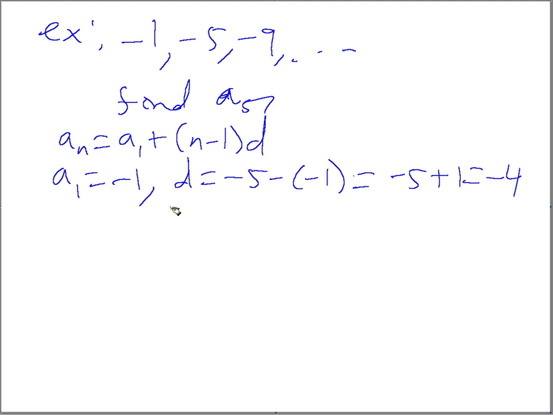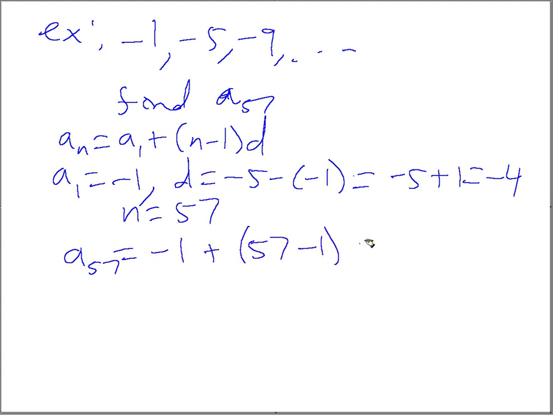All right. So what's n? Well, I want to find the 57th term. So n is 57. Just plug it into this formula then. So A57, the 57th term, is going to be what? -1 plus 57 minus 1 times -4, the common difference. All right, so that'll give me -1 plus 56 times -4.